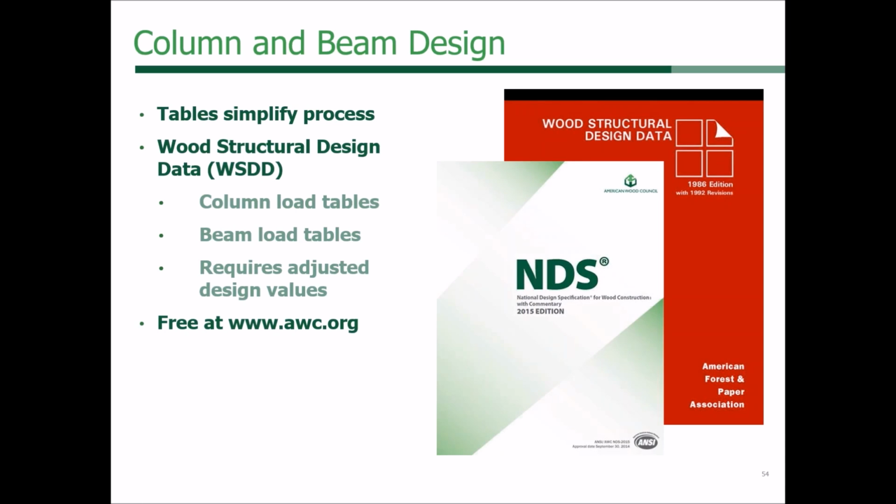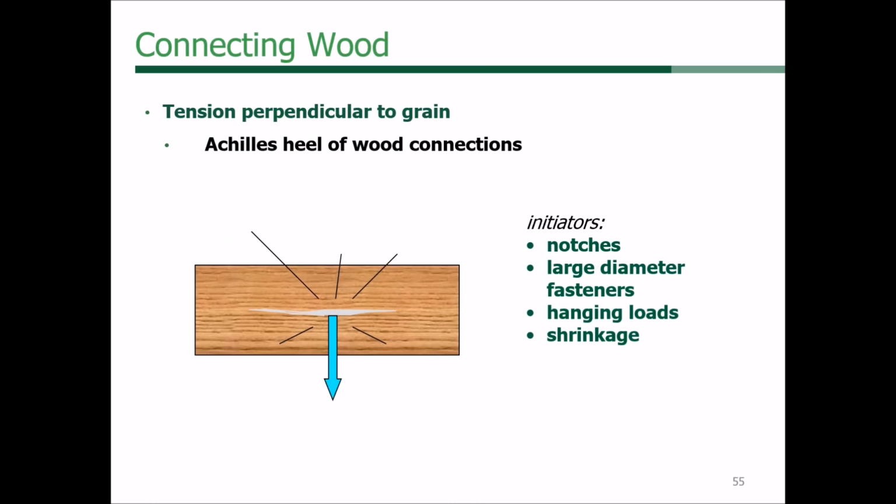So it's keyed pretty much just to calculating stresses and not really the resistance side, which is why you need the NDS supplement for it. Both of those are free to view online at awc.org, and you get the supplement and you modify the values per the supplement's requirements, and you can put that into the charts and tables of the Wood Structural Design Data, and you can go from that if you don't want to do the NDS equations.